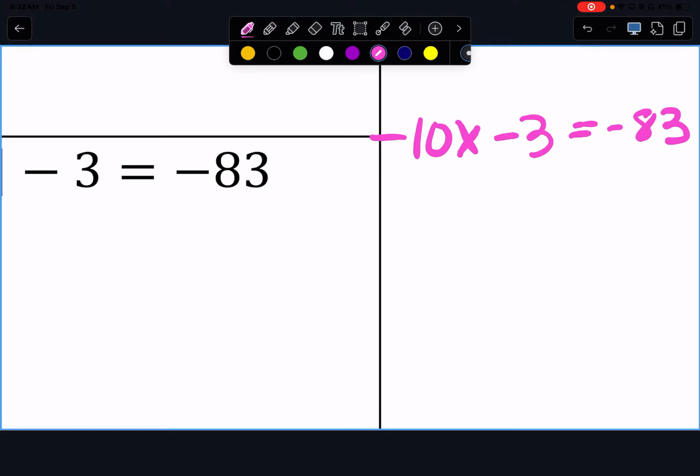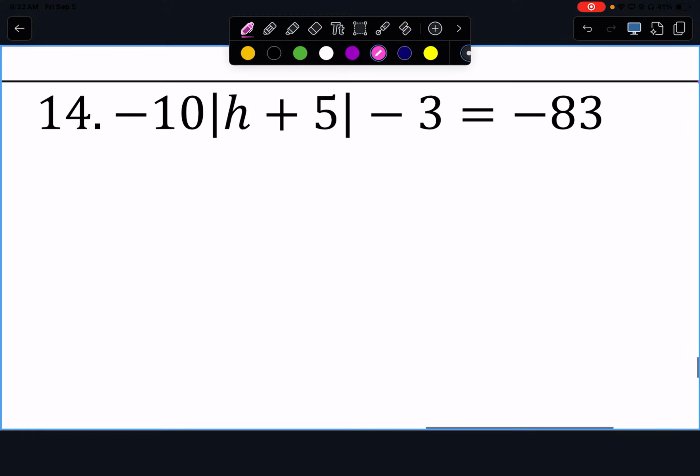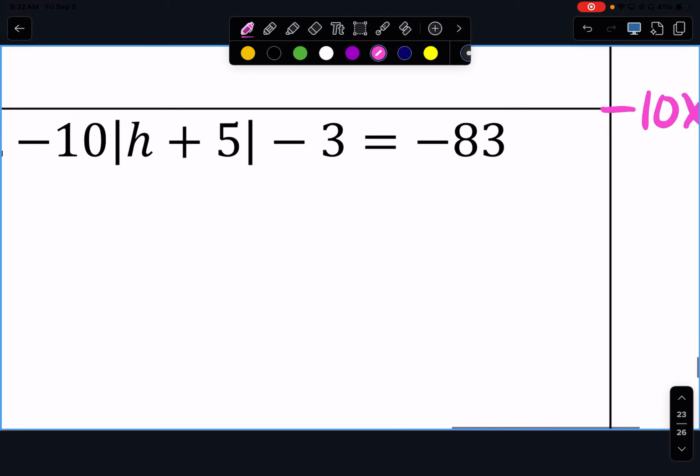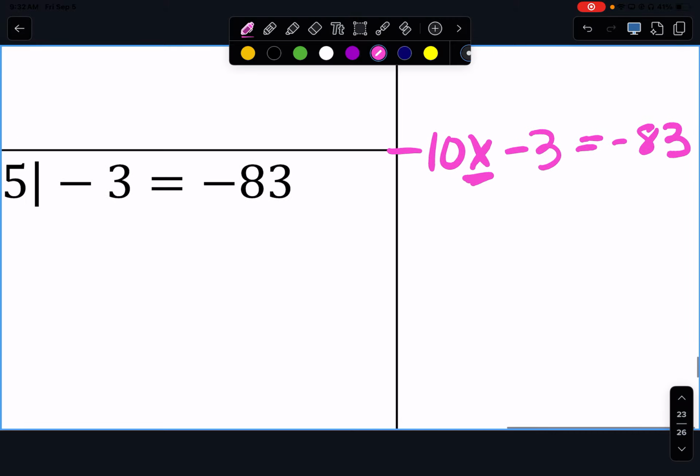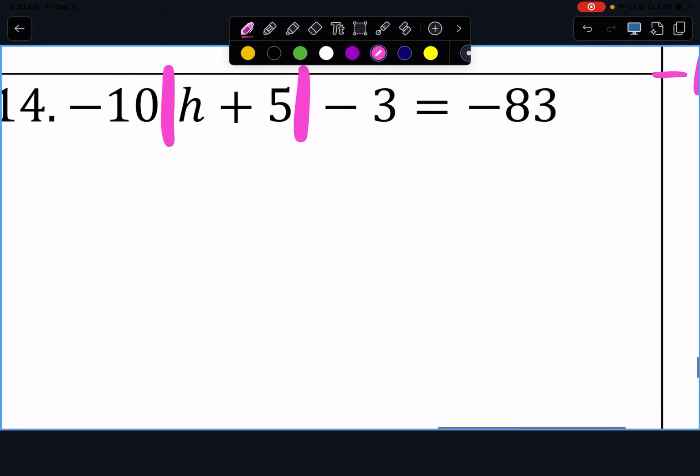Add 3. So why is this any different? It's not. They both have the negative 10 in front. In this one we're just solving for x, whereas in this one we're trying to solve for the whole absolute value. There's no difference. We do the same order we would do if it was a simple equation.